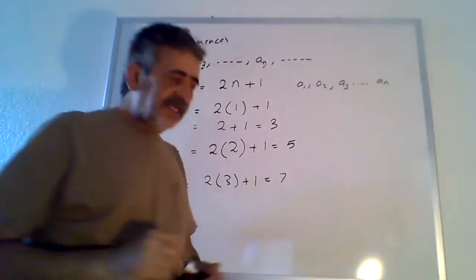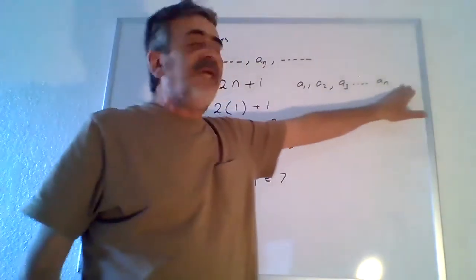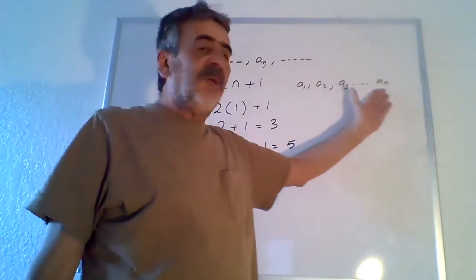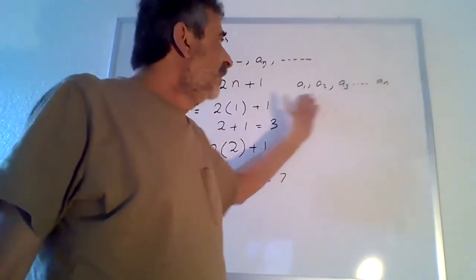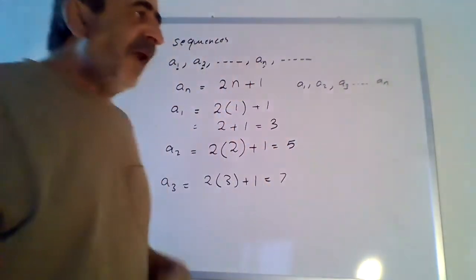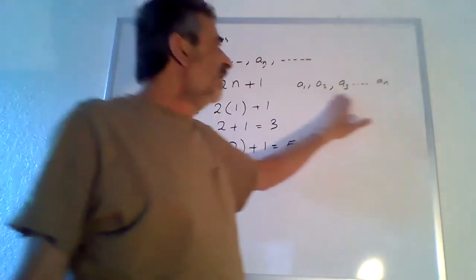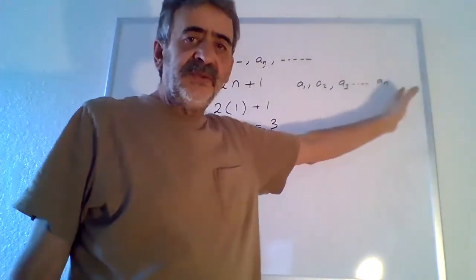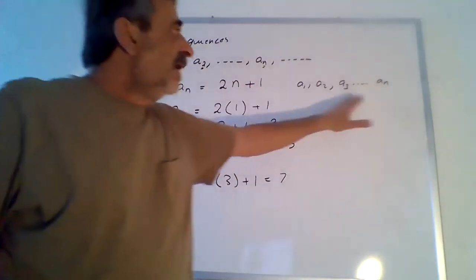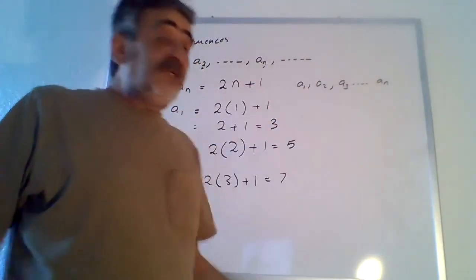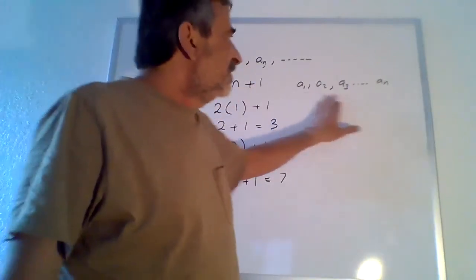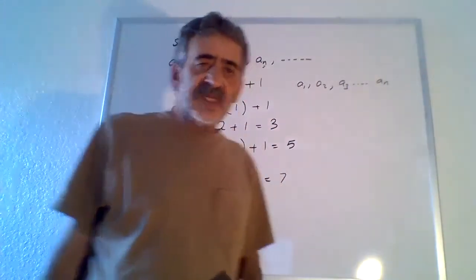Notice that after An, I didn't put any dots, so that's an indication that this sequence terminates. Wherever n is, this is your last term. So if n is 1,000, we have A1 all the way to A1000. Or n could be trillions or what have you. As long as we have a number for n, this is going to be a finite sequence.